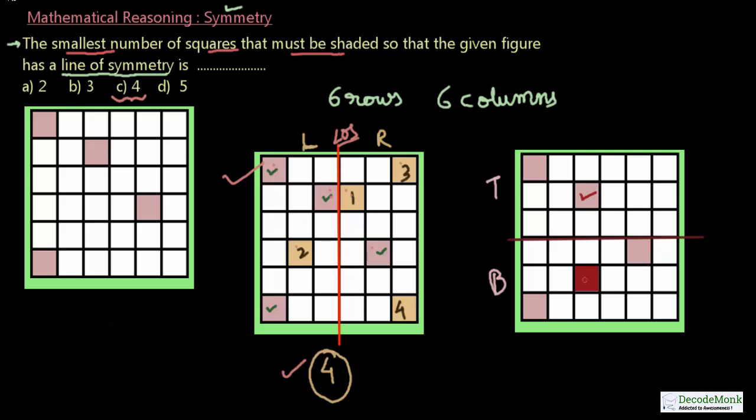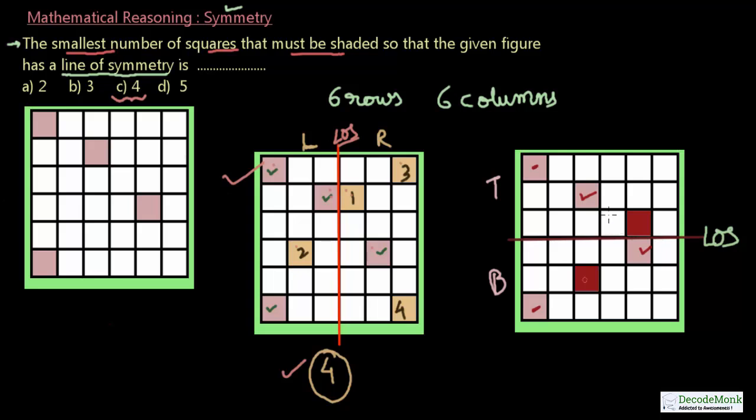Similarly, you can see that the corner portion is shaded, here also the corner portion is shaded, so no need to shade again. Now here you see this is shaded, so we need to shade over here. Now it is very clear that the figure is symmetric across the horizontal line of symmetry.